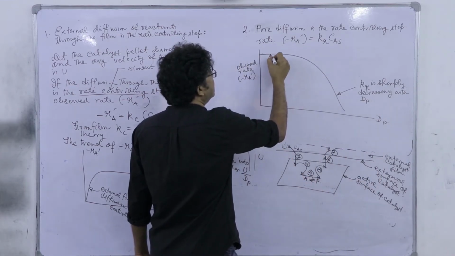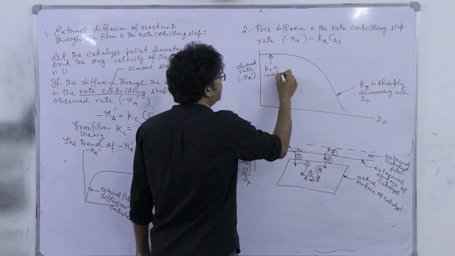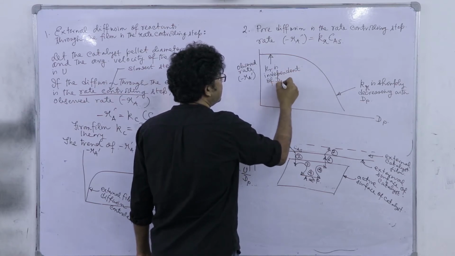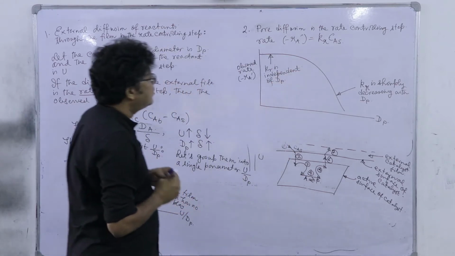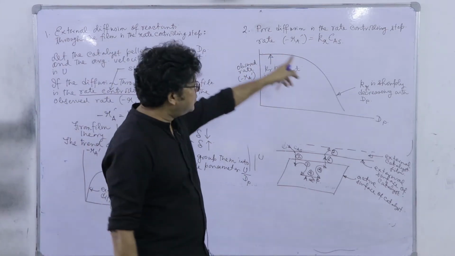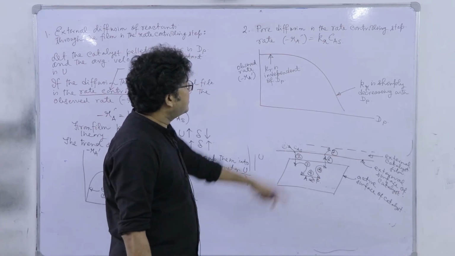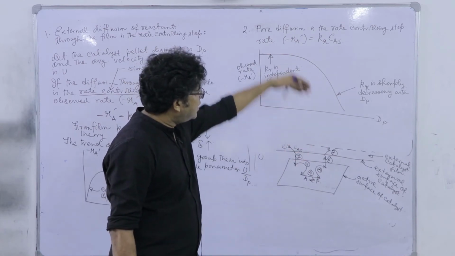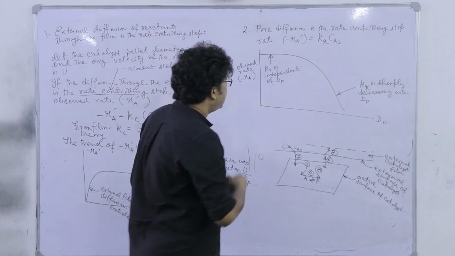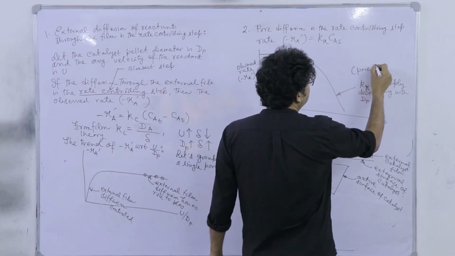So, in this region Kr is independent of dP. It is pretty similar to this epsilon versus mt in log space. Anyway, if the Kr has got a sharp fall with increasing dP, why will it fall with dP? Because, you see, this is the pore diffusion controlling regime.